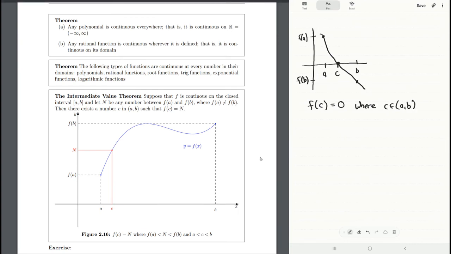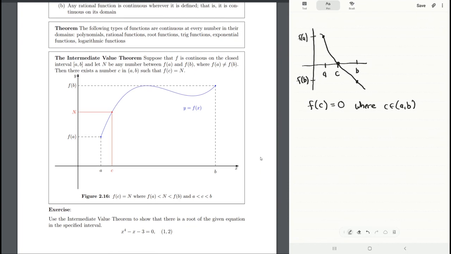So let's have a look at an example of using the intermediate value theorem to show the existence of a root within a certain interval. So here we have the equation x to the power of 4 minus x minus 3 equals 0.